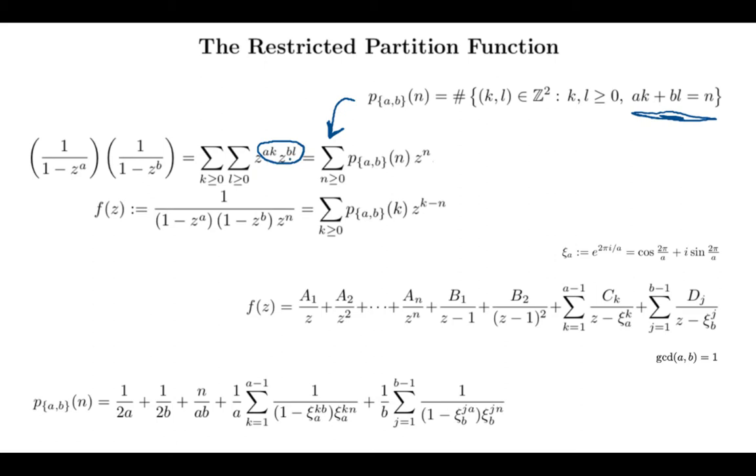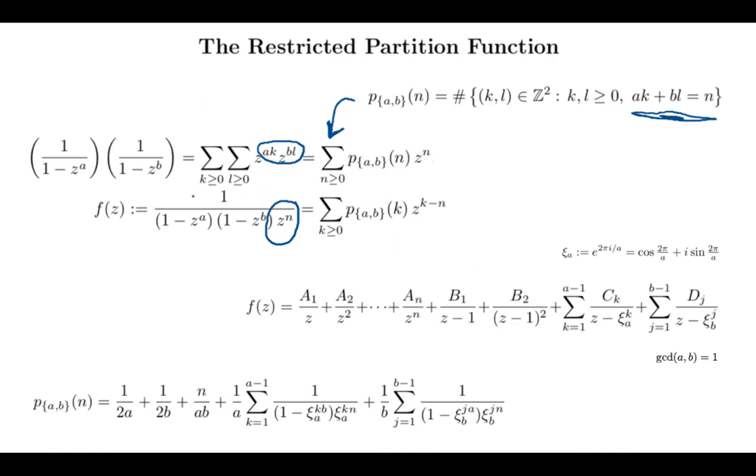And so this generating function is the rational function 1 over 1 minus z to the a times 1 minus z to the b. So to extract the partition function, what I do is I take an extra factor of z to the minus n. So in this function, I think of n as another fixed parameter. And so the real function we want to study is this function that we call f of z.